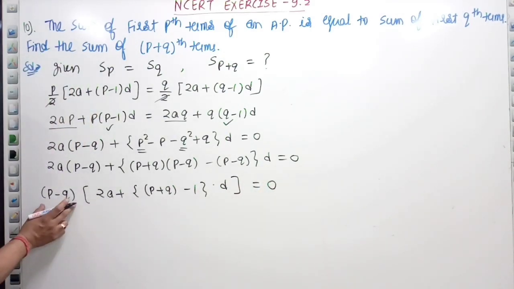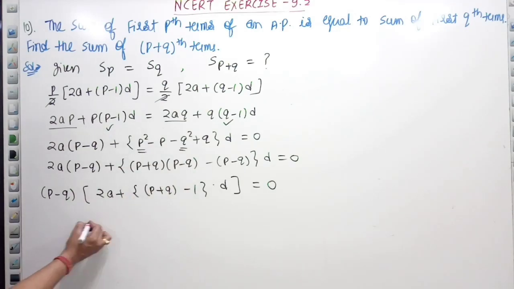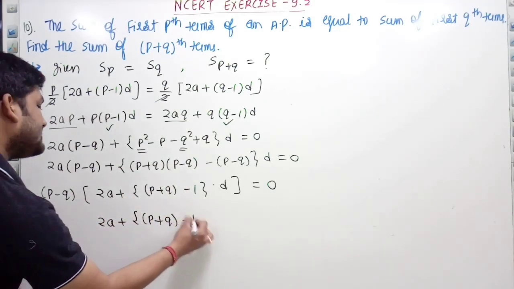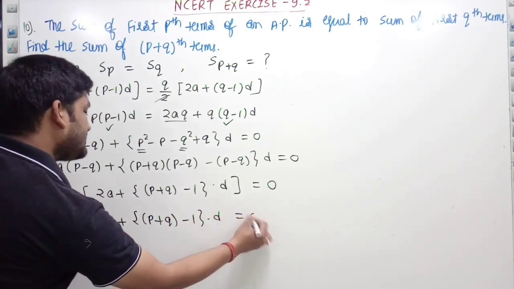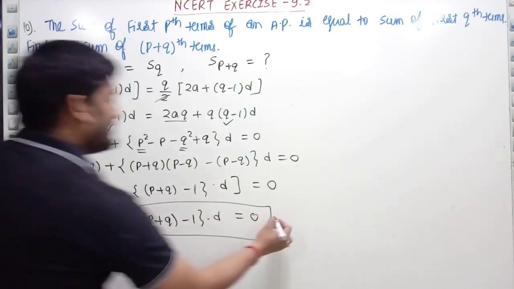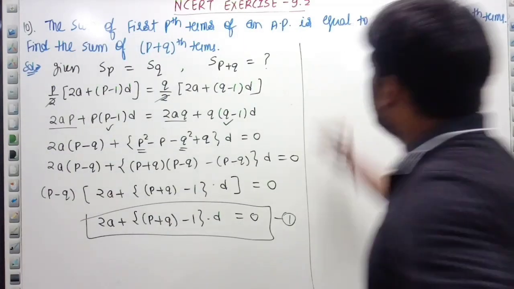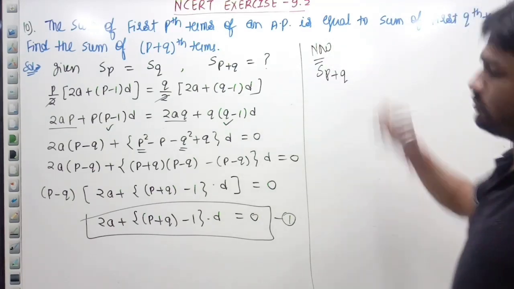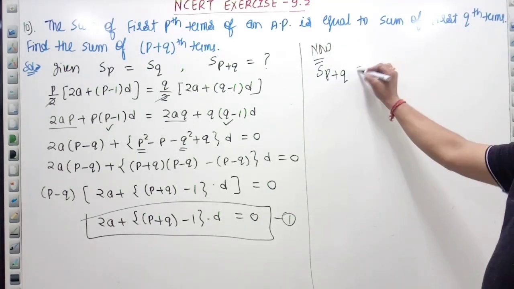Now I am taking this term to the right hand side, so it will be 0. 2a plus (p plus q minus 1) into d is equal to 0, and this is the expression I am getting as equation number 1. Now what you need to find? You need to find S p plus q, right? So what is S p plus q?